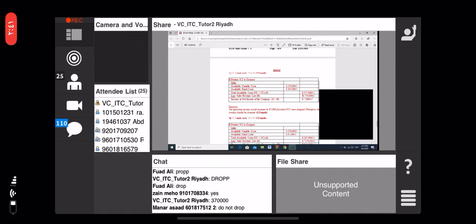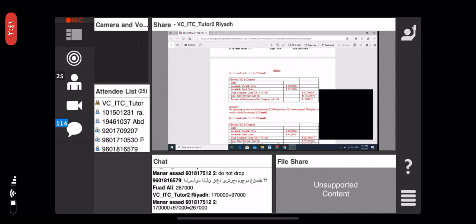And the total cost is 170 plus the avoidable fixed cost. Here avoidable is 97,000. So now is the revenue loss greater than or less than the cost saving?